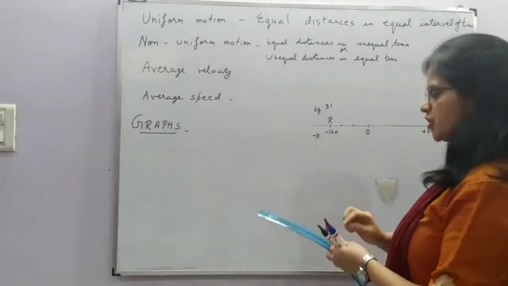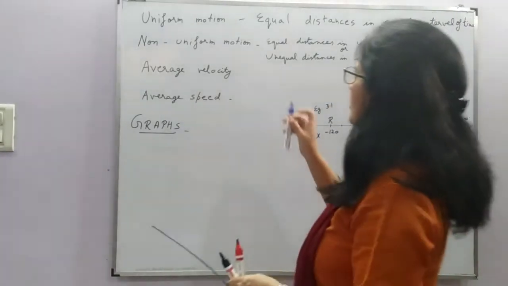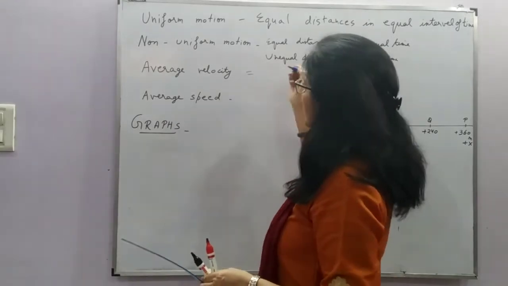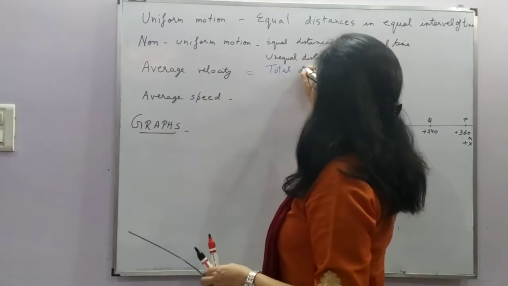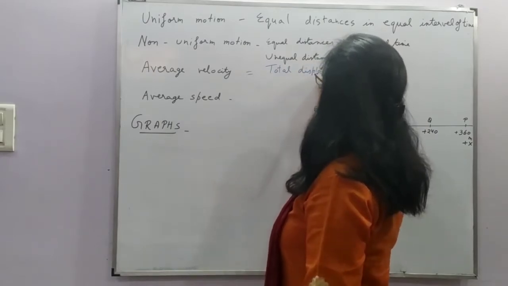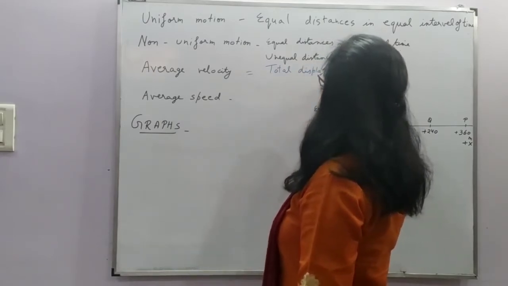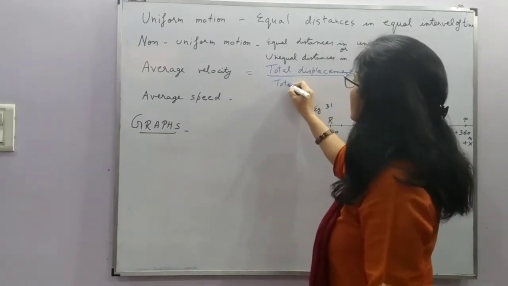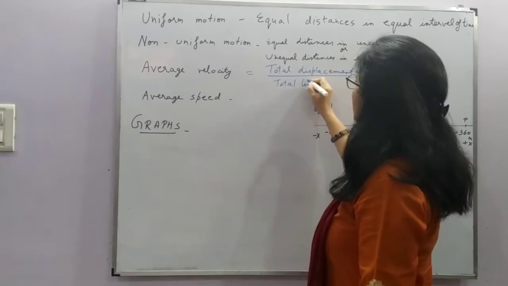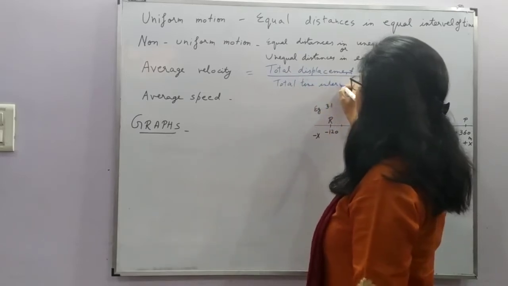But for calculation purposes, what is the formula for the average velocity? This is the total displacement upon total time interval.